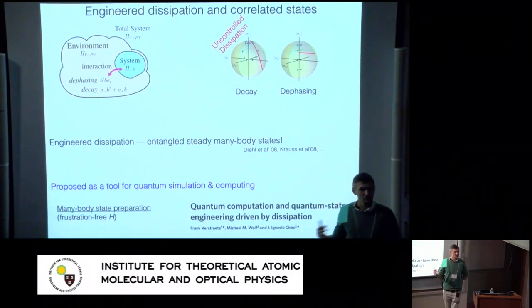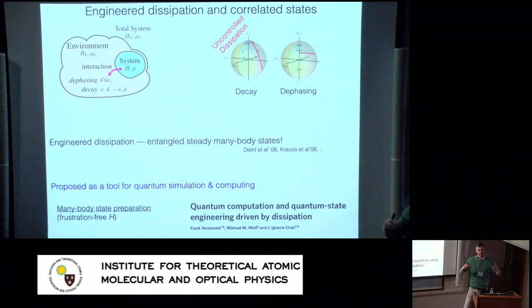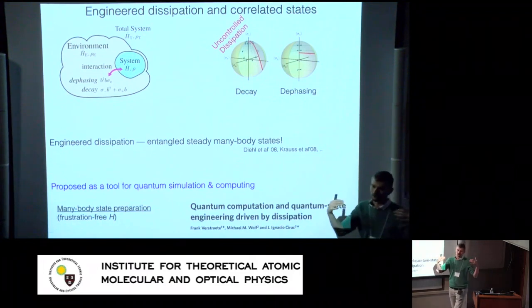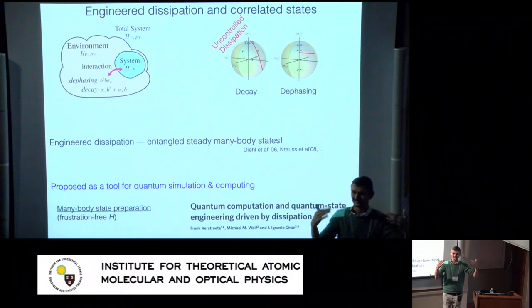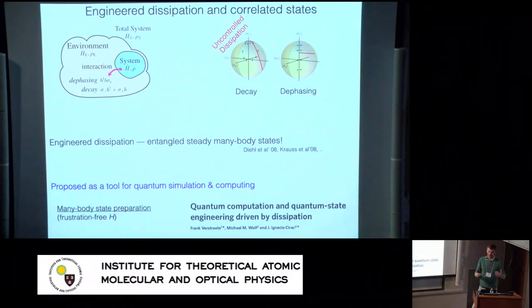But now what we want to do is not what one does in, I would say, the majority of quantum simulation experiments, where you run some unitary evolution before noise that you don't control completely kills the features that you're looking for, right? Instead, let's try to use dissipation to our advantage.